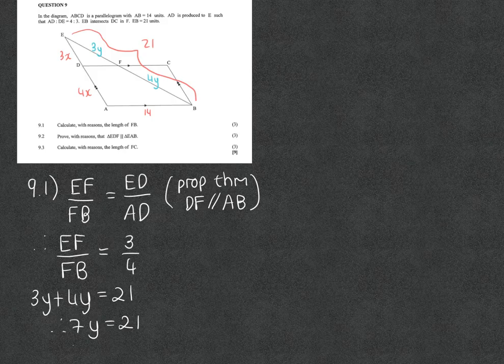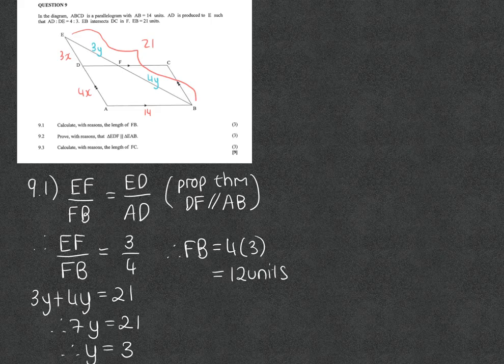Therefore, y is equal to 3. So from that statement, we can then say that FB equals 4 times 3, which is going to be 12 units. Okay, so that was just using prop theorem in order to get that answer.